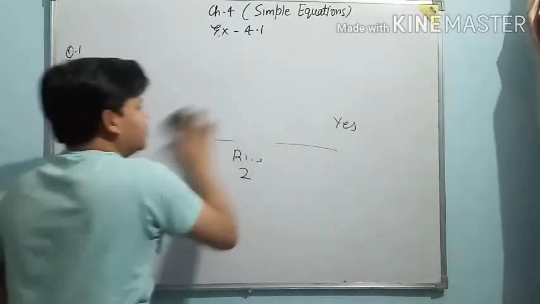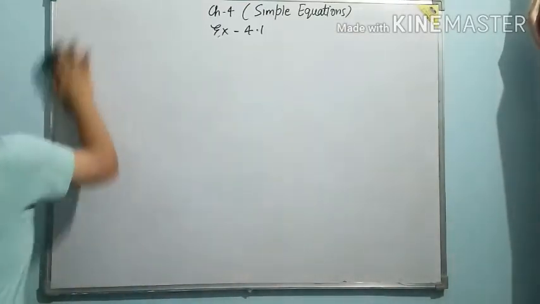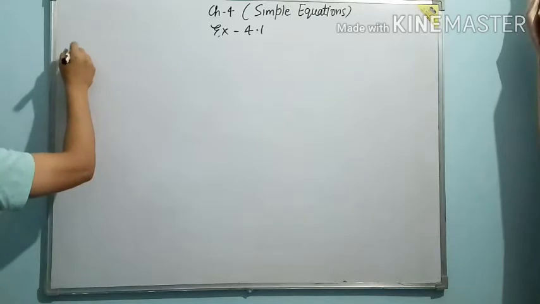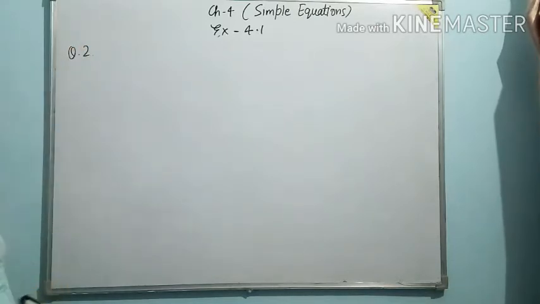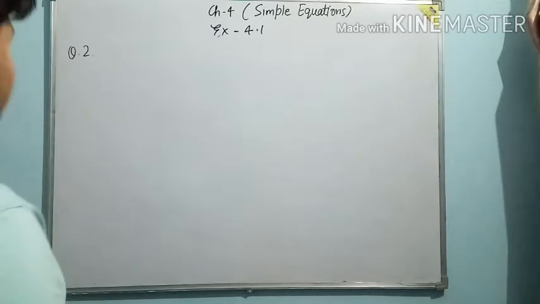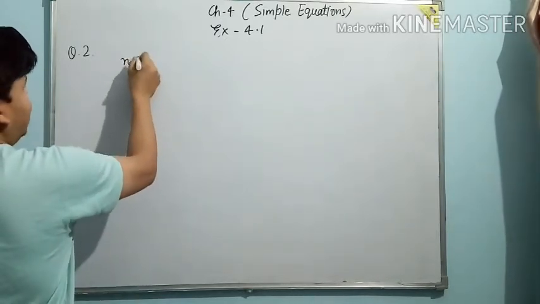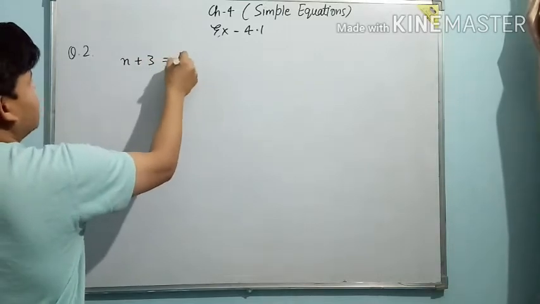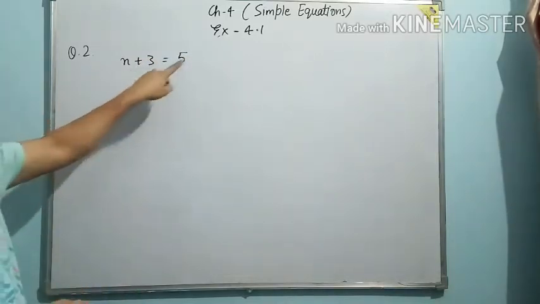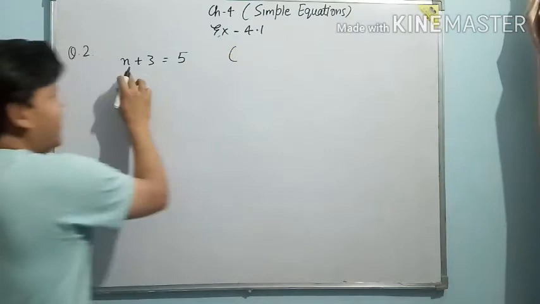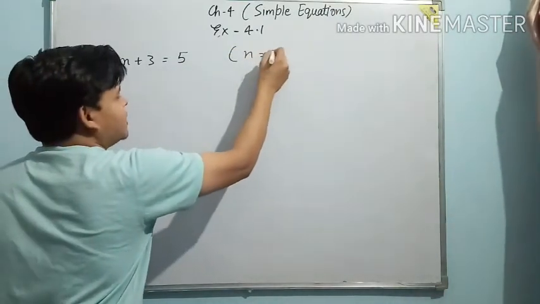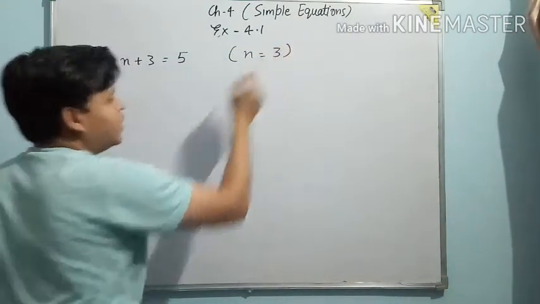Question number 2 is also similar to question number 1. So once again we have to do the same. An equation is given, n plus 3 is equal to 5, and the value of this variable n is given in bracket, 3.